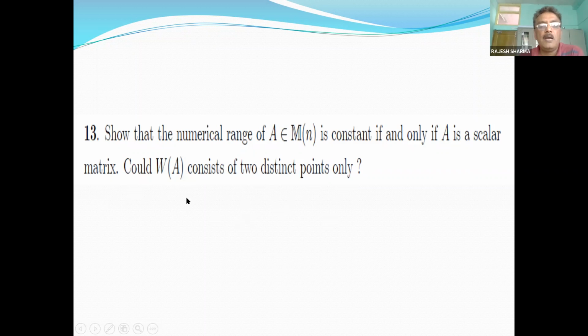Yes, the numerical range is a convex, connected set. If we have only two distinct points, they are not connected, so it is not possible. Good reply. Now try this part: show that the numerical range is constant if and only if A is a scalar matrix.